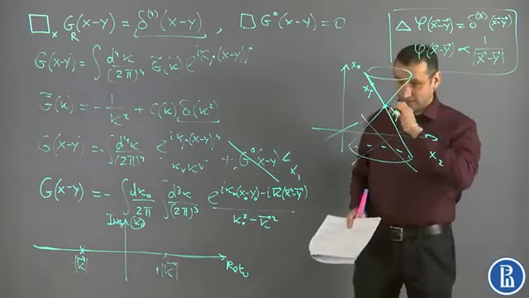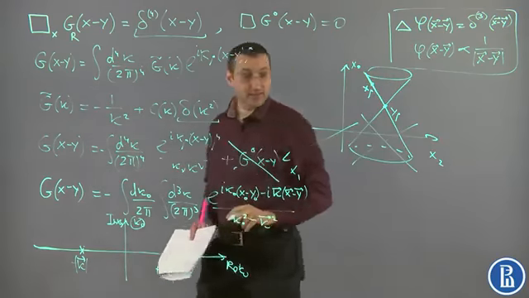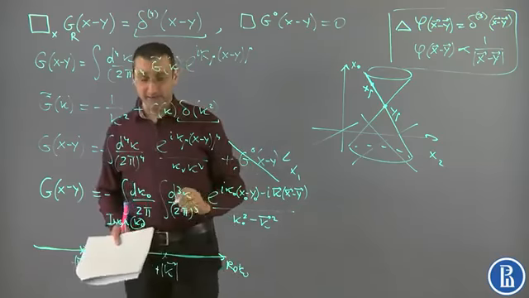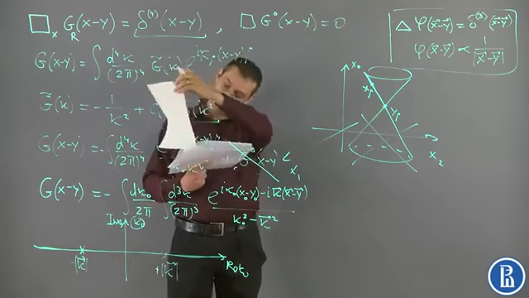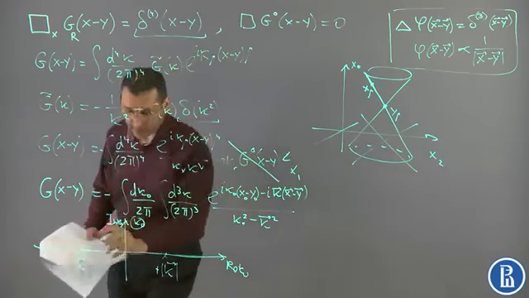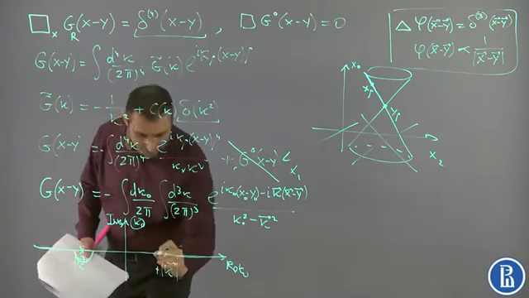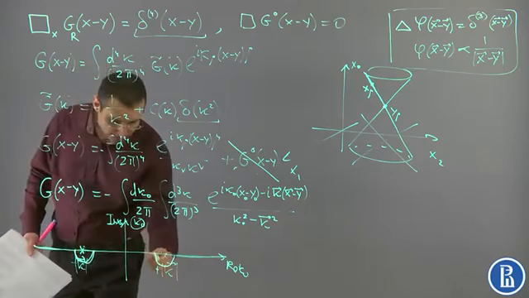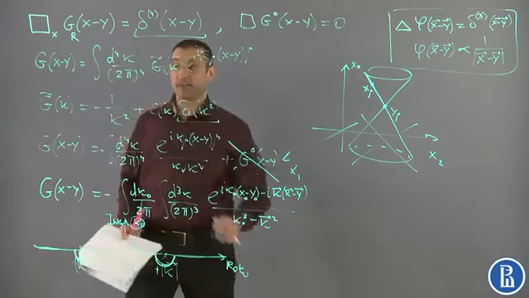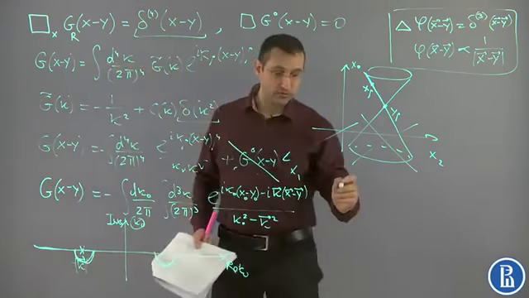So this statement specifies how we define the contour of integration. The contour of integration we define according to this rule. We will see now that if we go around these poles according to this rule, then this is 0.